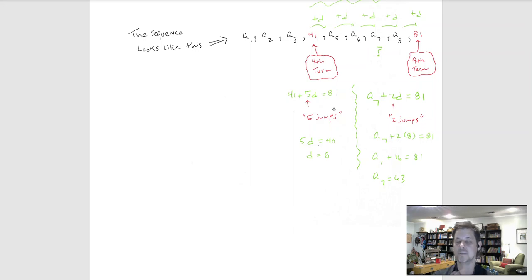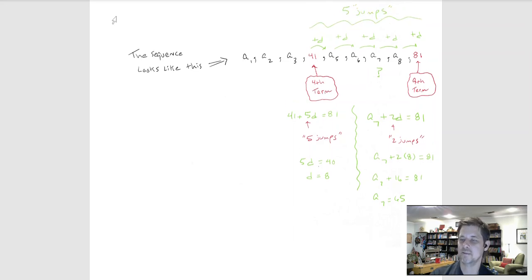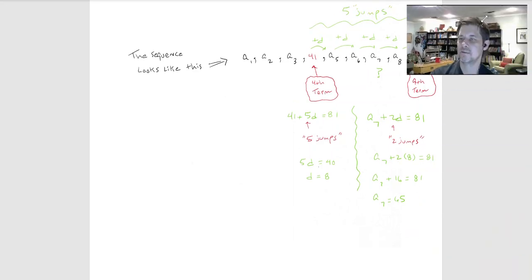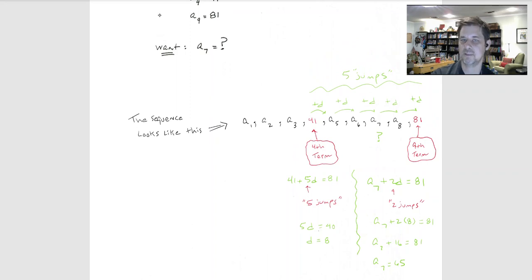Oh, sorry, 65. So there's your 7th term. So that'll be my answer. Let me write my answer. I like to write my answer in a way that makes it look official. So, 7th term found to be 65.